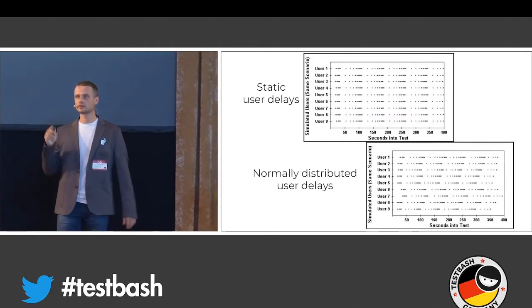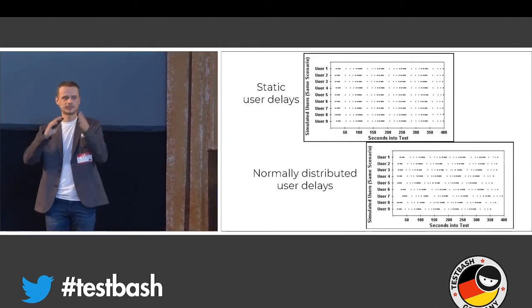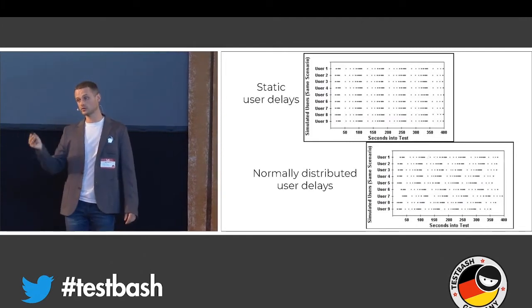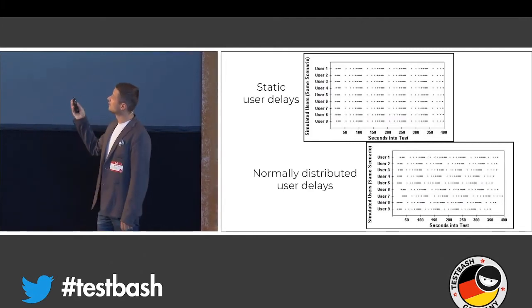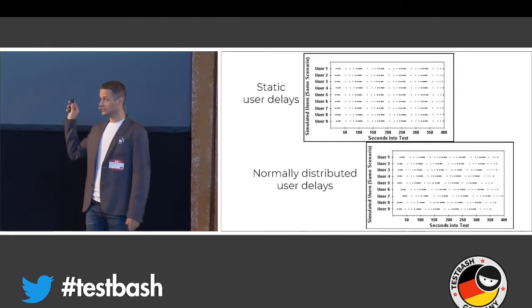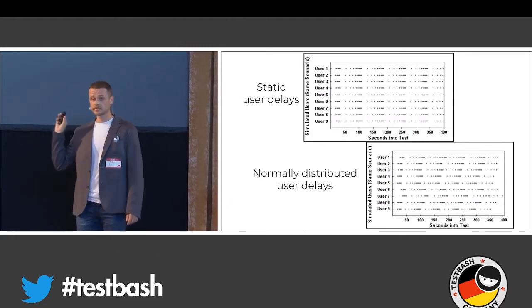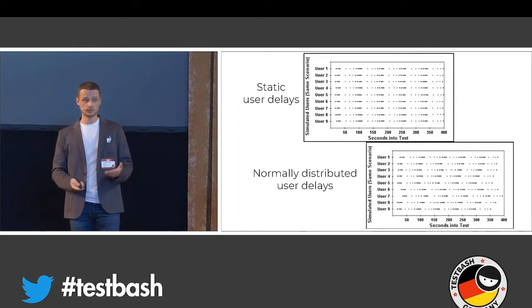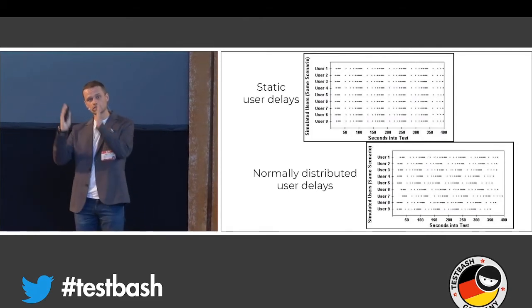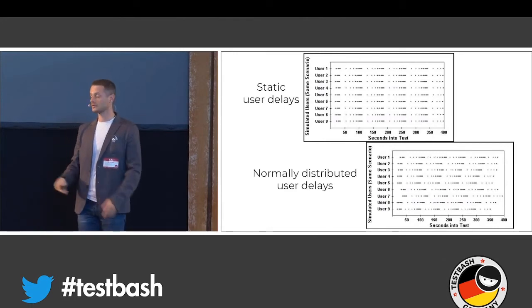And the thing is that a real user has different delays between clicks, between basically calls to your server. At the top you see a graph which represents a static user delay. Dots are user activity, and the spaces between dots are delays between those activities. And you see that those spaces are evenly distributed through all users.